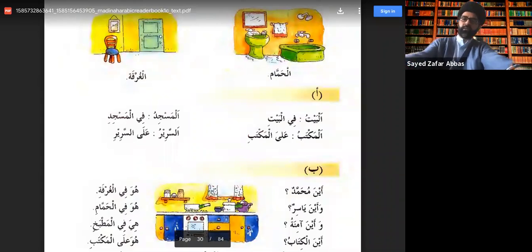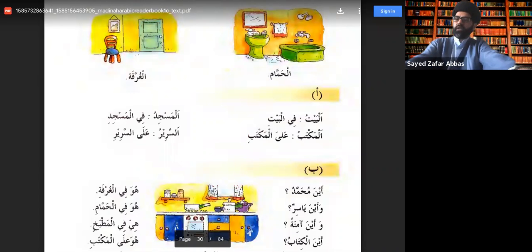So here we have some examples of how a noun, which we already know, is being used with a preposition, with a harf, and how that's changing the word. We want you to pay attention to how it's written and how it's going to be pronounced. So al-baytu is the house, which we already learned.